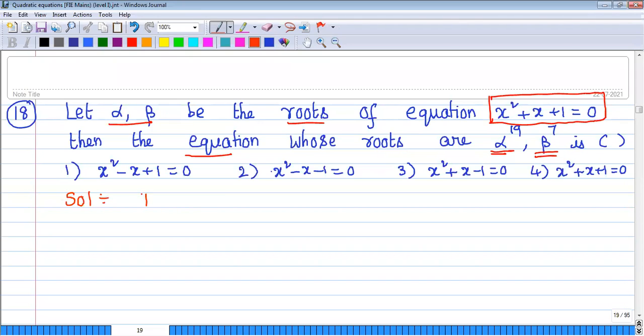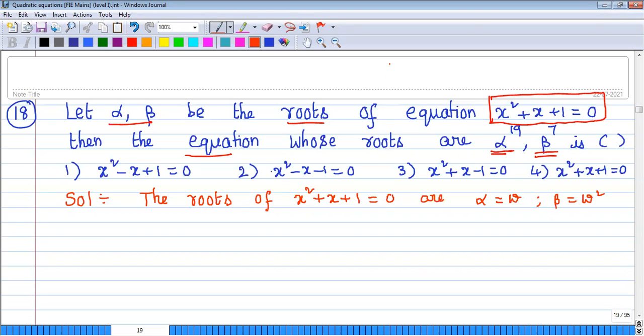So that means you can write like this: the roots of x square plus x plus 1 is equal to 0 are alpha is equal to omega, beta is equal to omega square.